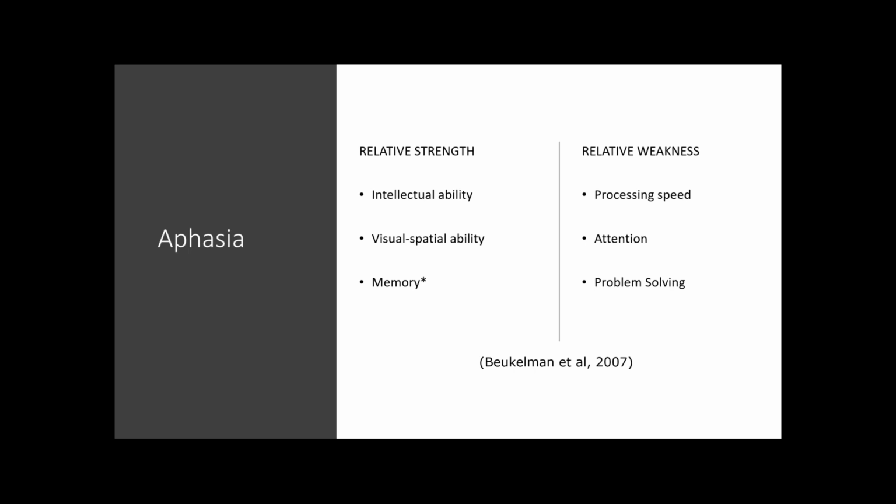Weaknesses in general are processing speed and challenges with attention and problem solving. So navigating through a grid-based display, where there's potentially a lot of subcategorization going on, and having to sustain attention across that, can be a real challenge.